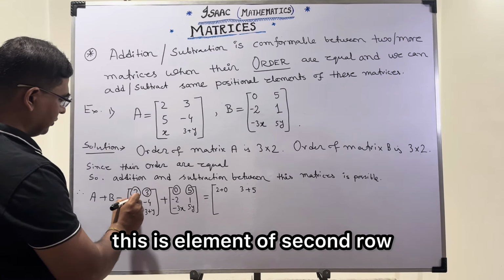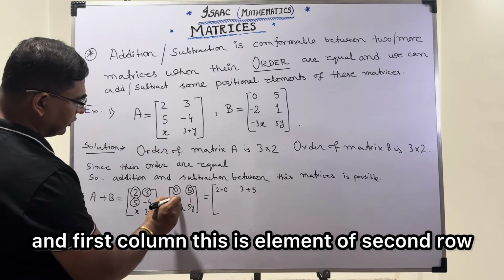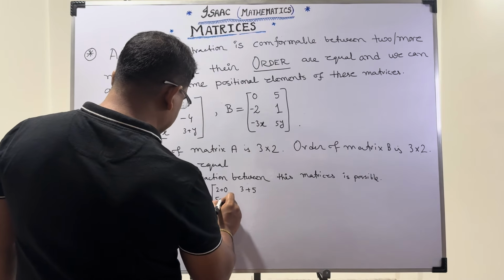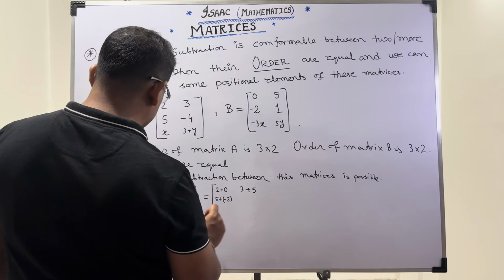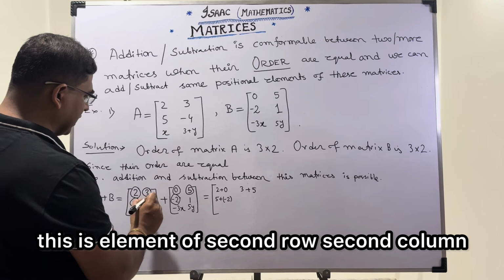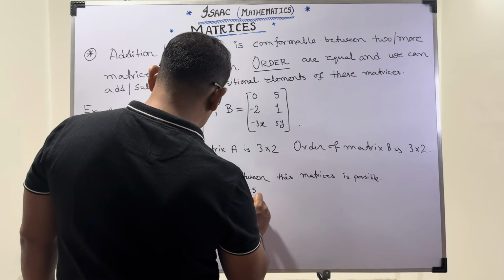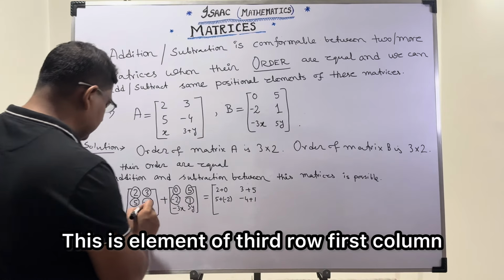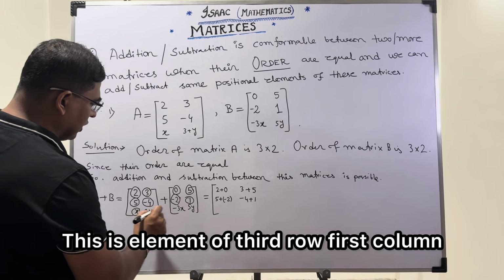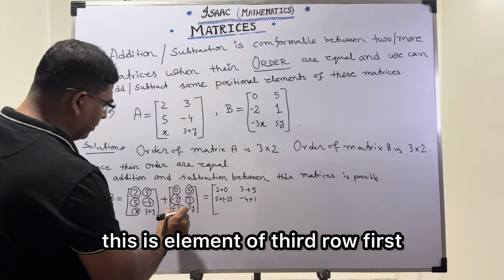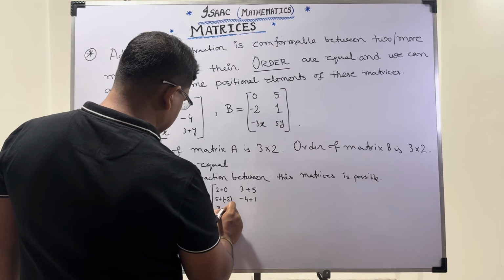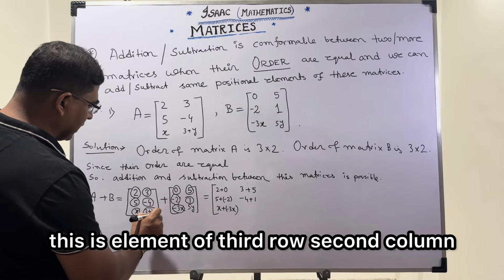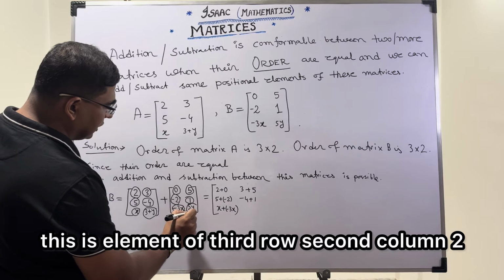This is the element of second row and first column, 5 plus minus 2. This is the element of second row, second column. This is the element of third row, first column. This is the element of third row, second column.